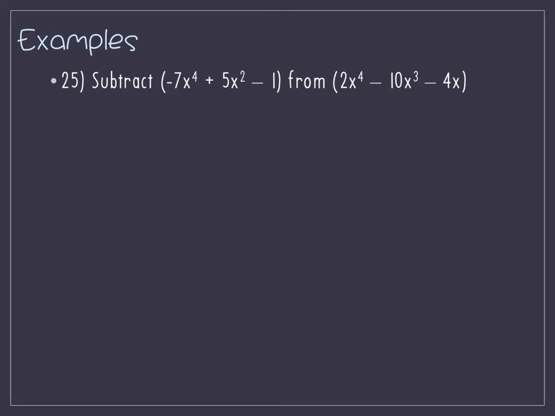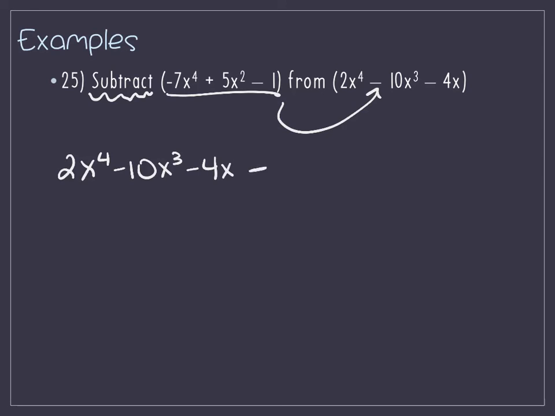All right, last example, and this one hopefully is super easy. It's just words, so be careful. So subtract this from this, which means I'm going to do 2x to the fourth minus 10x to the third minus 4x minus negative 7x to the fourth plus 5x squared minus 1.